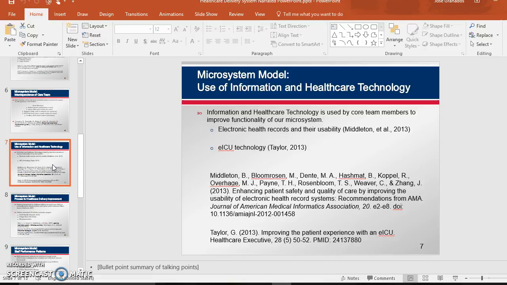Another point on this slide is a technological one. We have what we call an EICU technology, or telemedicine, being put in place on our unit.